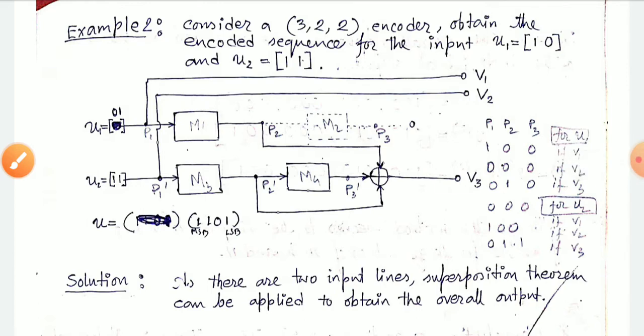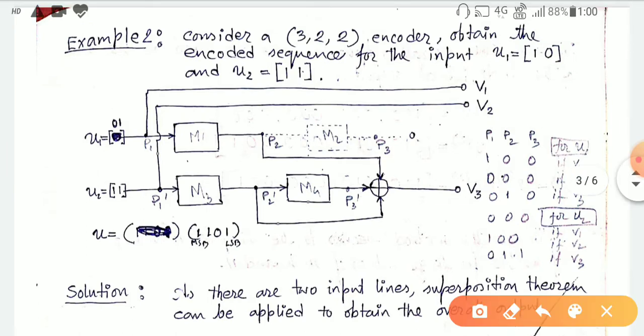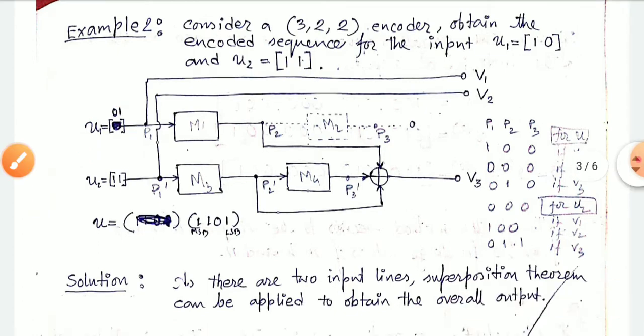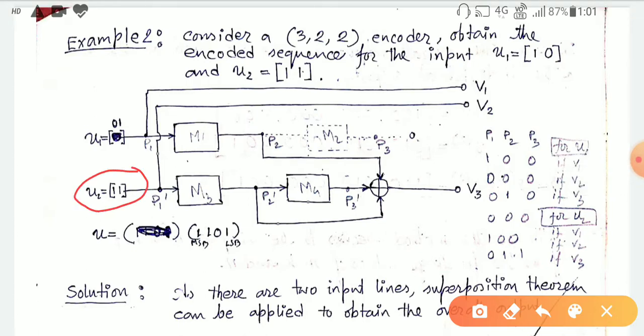So if you want to get the value for U1 only, initially we apply the condition that U1 is applied, and at that time U2 is not connected. And when U2 is active, at that time you have to consider that U1 is inactive, or no input is provided there.